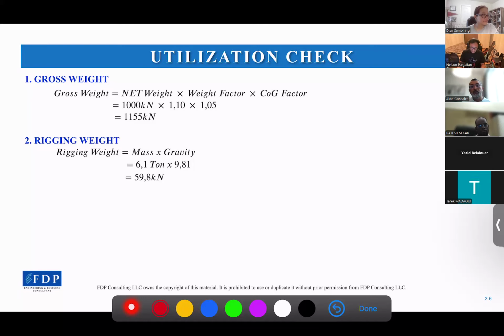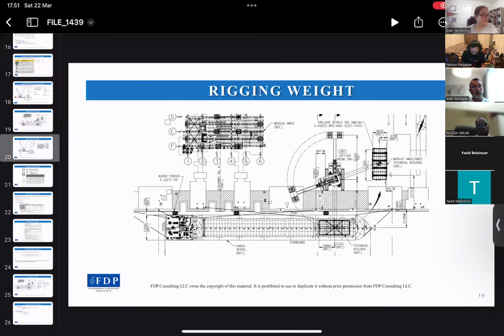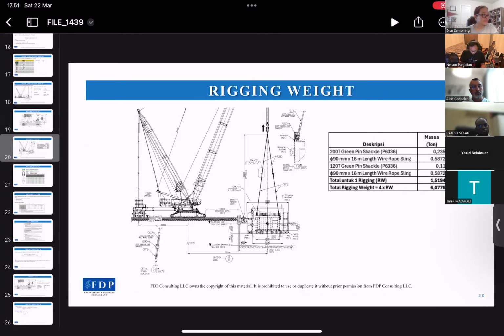And then we continue by calculating the rigging weight as per we have calculated the mass before. For the mass, we get 6.0776 ton.